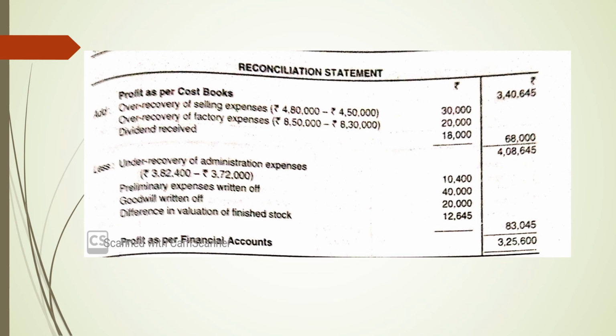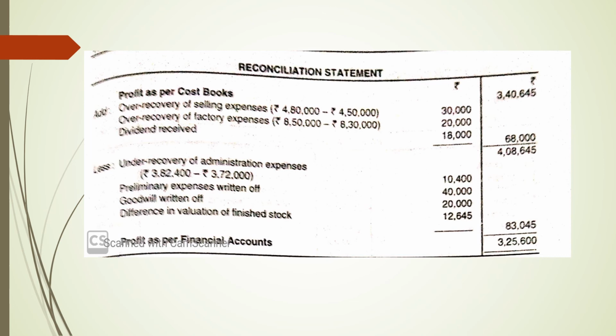Each and every item of these cost elements included in the question is one of the elements to be considered for the reconciliation. The selling expense charged in the financial book is 4,50,000, but in cost account we charged 4,80,000, so the difference becomes 30,000. It is an over recovery of selling expense in cost account, so we add the value.